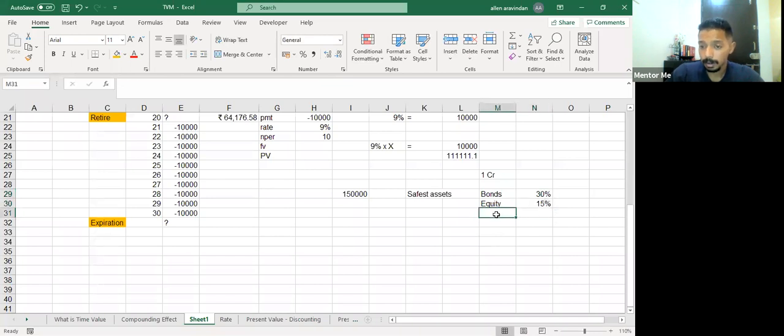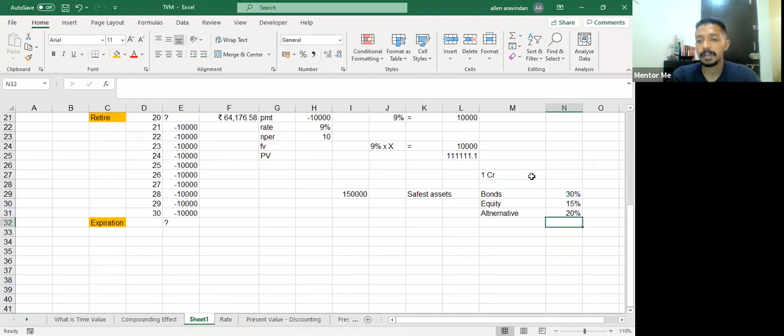Now this would be followed up with alternative investments, because you also want to diversify. You never know what can happen to the bond portfolio and the equity portfolio together. There might come a crash, so you might keep another 20% in alternative investments. What are alternative investments? Something like real estate, hedge funds, gold, silver.